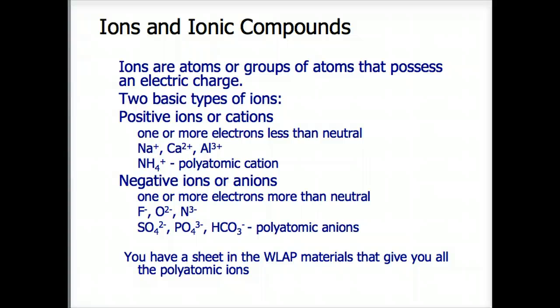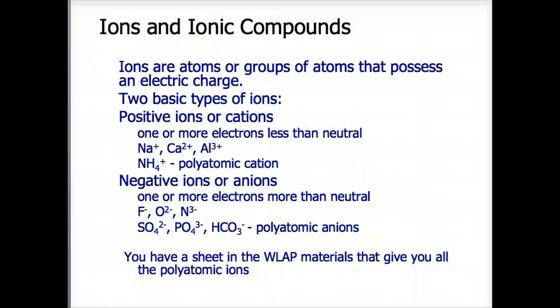Usually this will happen when I take a metal and combine it with a nonmetal. So if I have metals, such as sodium with a +1 charge, calcium with a +2, or aluminum with a +3. Ammonium is a different one. It's a polyatomic cation that you just have to remember.